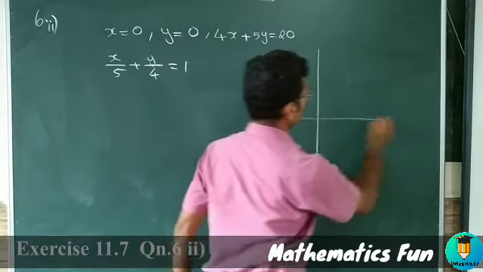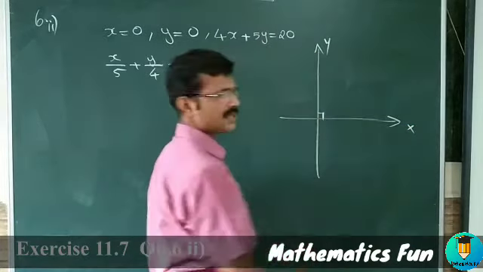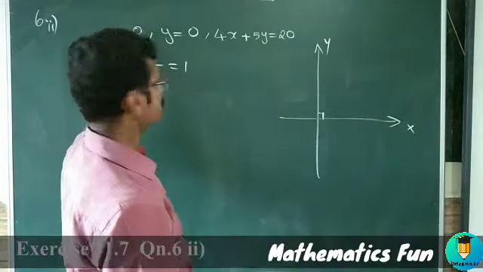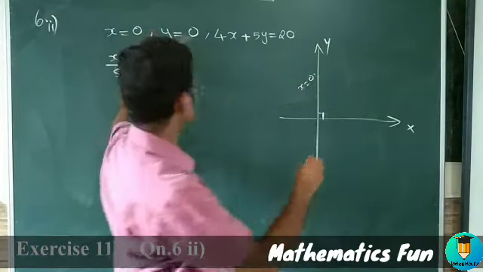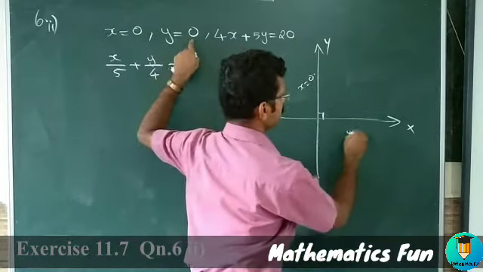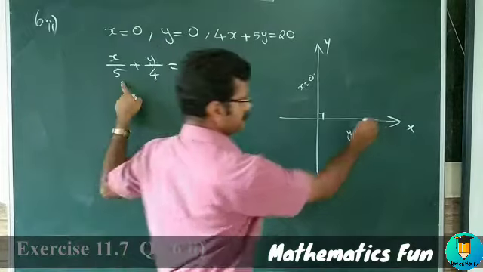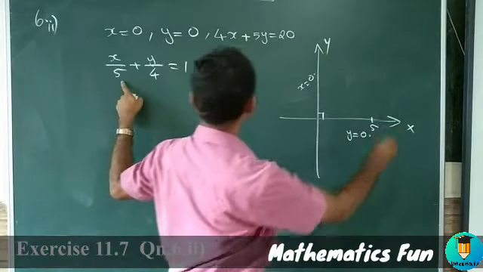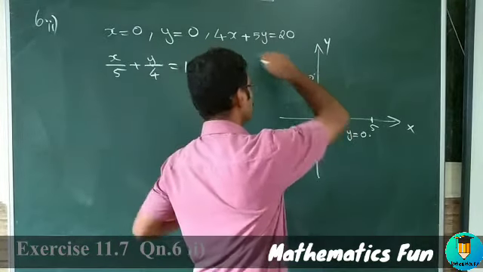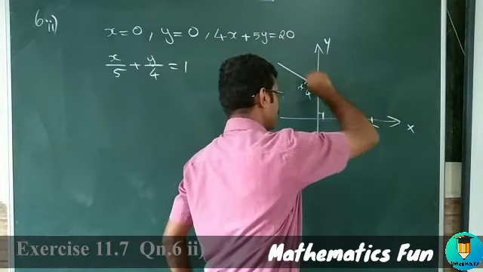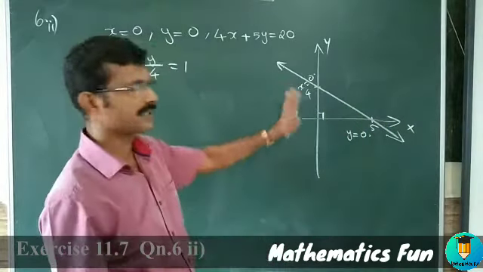I draw the x-axis and y-axis, this is the origin. x is equal to 0 is the y-axis, y is equal to 0 is the x-axis. Here the x-intercept is 5 and the y-intercept is 4. Naturally, this line we can fix up like this.